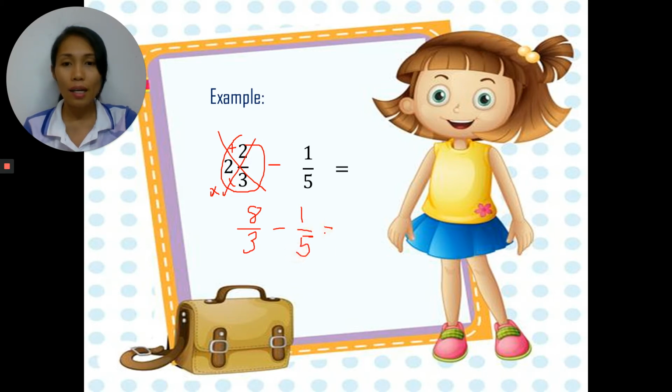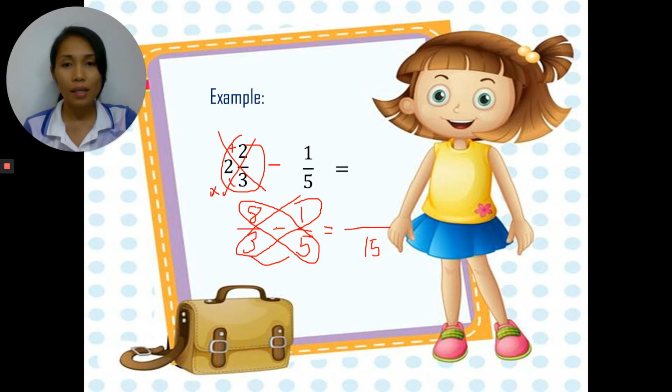Now that we got that, let's either use the LCD, but as I've said, it's time consuming, so we can just use the cross multiplication or the easy method. So in here, the denominator is 3 times 5 equals 15.